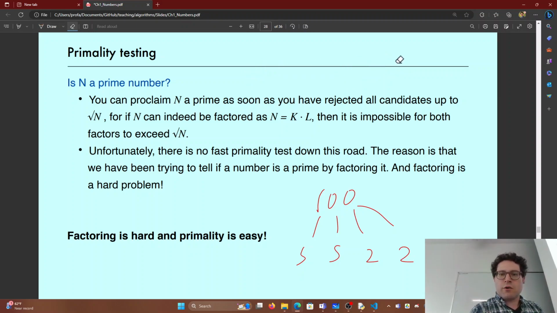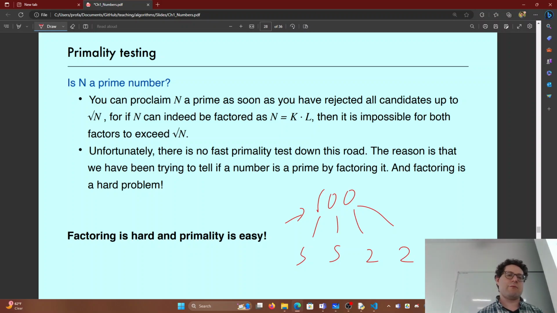So we test all the numbers below that, and we see whether it can be divided by any number less than the square root of the number you're looking for. So in other words, we can test 100 by testing all the numbers from 1 through 9 on it. And if it's divisible by any of those, then we know it's not a prime number.